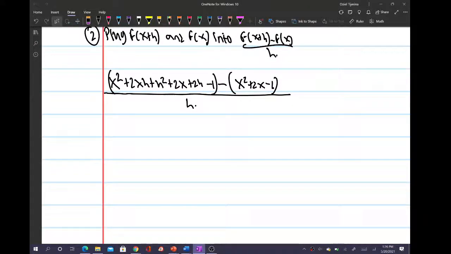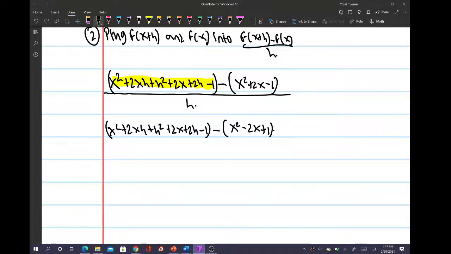Lastly, we're going to go ahead and simplify this. Obviously this part stays the same, okay, so we have x squared plus 2xh plus h squared plus 2x plus 2h minus 1 minus the quantity x squared plus 2x minus 1, okay, all over h.